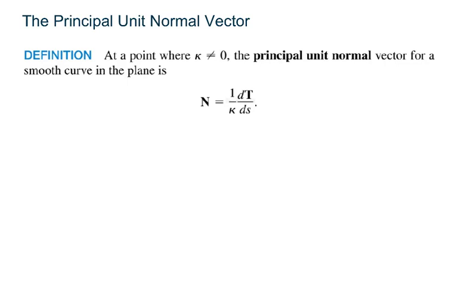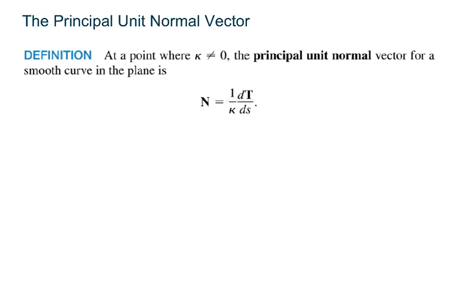So the derivative of that unit tangent vector, dT/ds, is orthogonal to that unit tangent vector. We understand from a previous section, 13.1 in our text, that if we have a differentiable vector with a constant length, then the derivative of that vector is orthogonal to it.